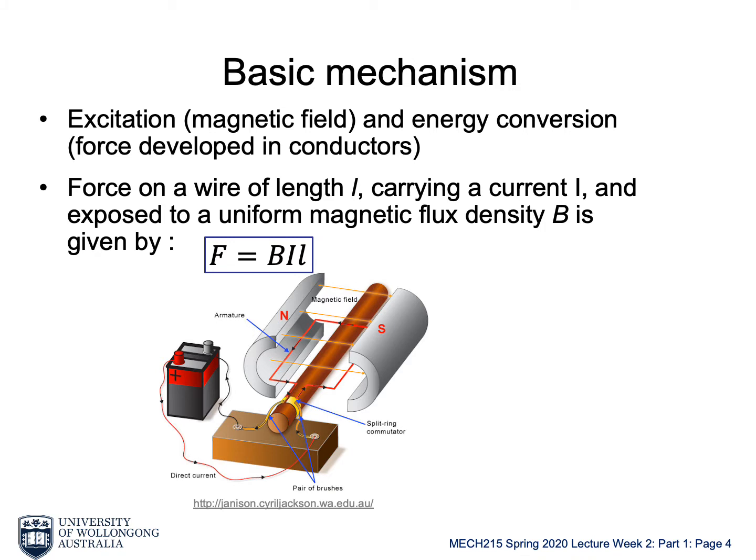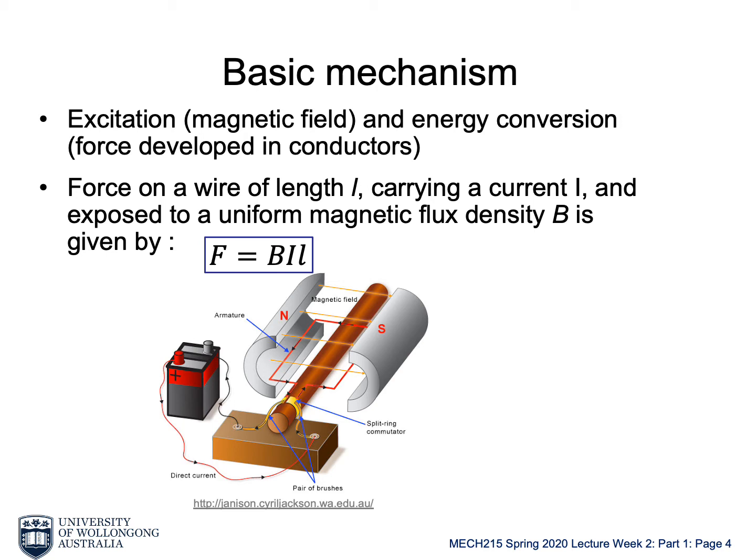If we have a coil, shown in this figure as the red rectangular shape with current going through, and this coil is inside a magnetic field, then because of the electromagnetic interaction, there will be force generated on the coil. So the coil will start moving.